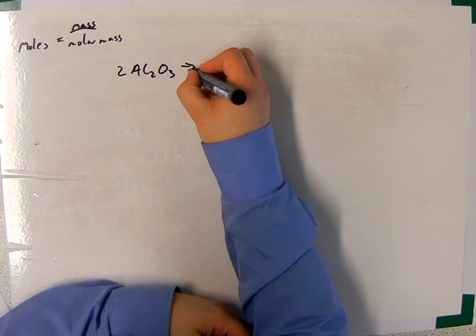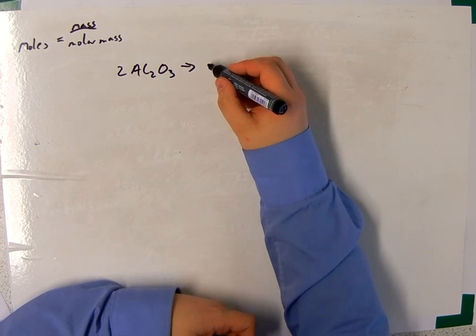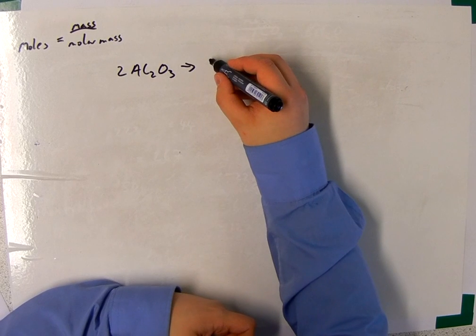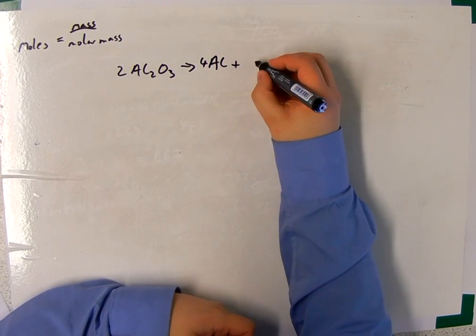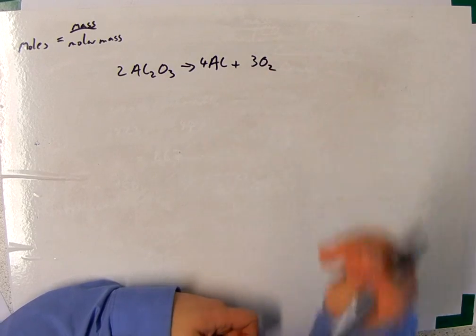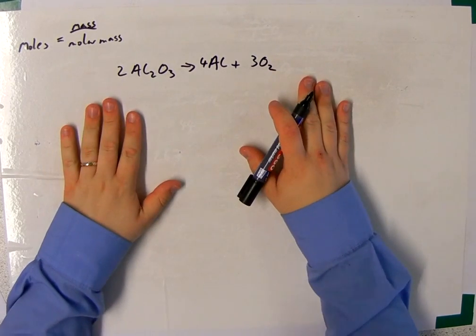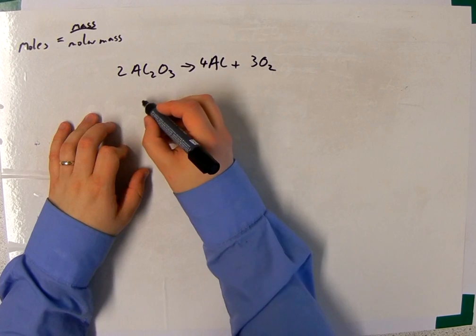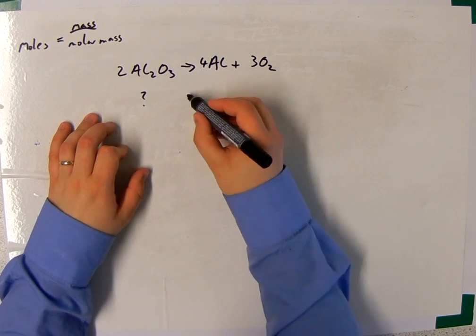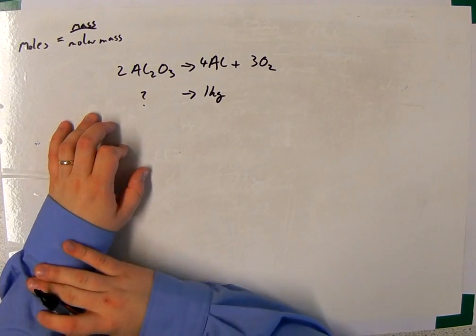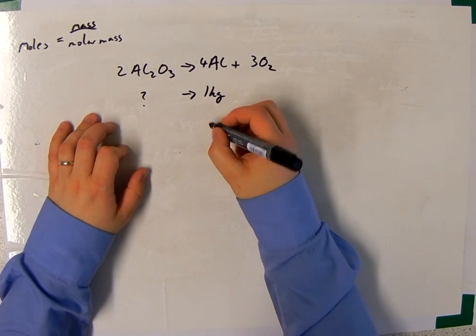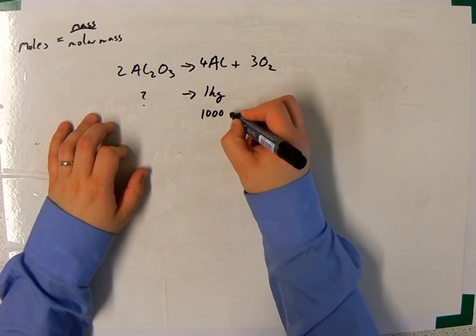Aluminium oxide can be heated and reduced to aluminium and oxygen. Question is, how much aluminium oxide do we need to make 1 kilogram? Always convert this down into grams, so that would be 1,000 grams.